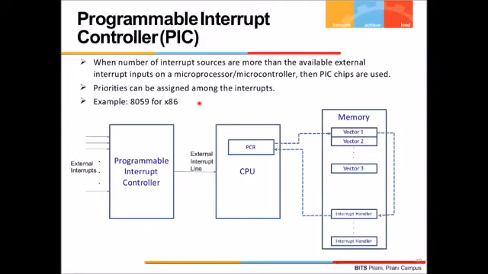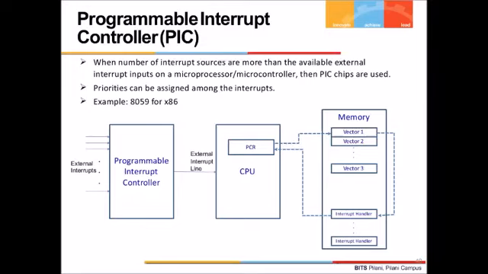Now in that case, what happens? We have many peripheral devices, but the CPU will have few interrupt lines, and we require more interrupt lines. So that's why another peripheral chip comes into the picture, which is called a programmable interrupt controller. So we can have more interrupt lines, and it will multiplex the interrupts and send them to the CPU on one line.